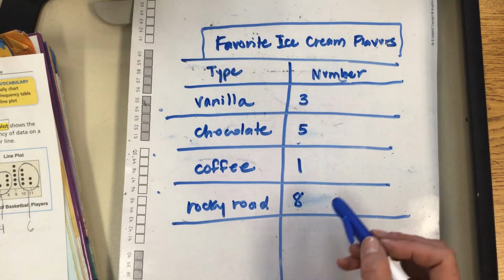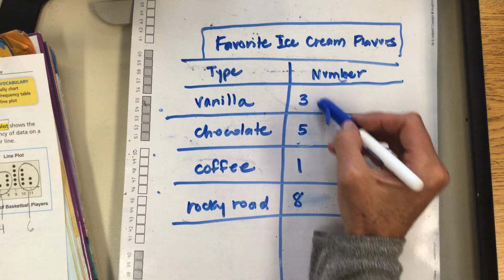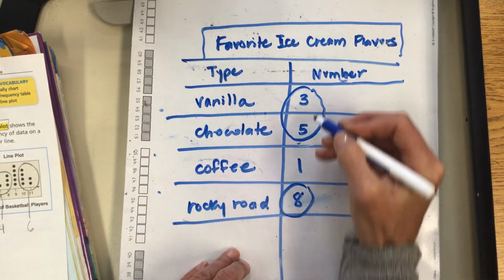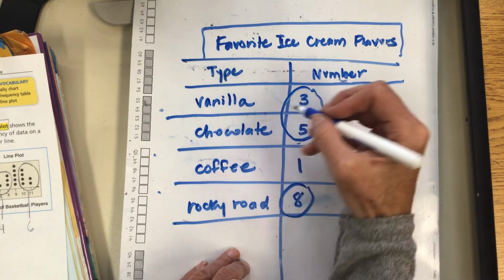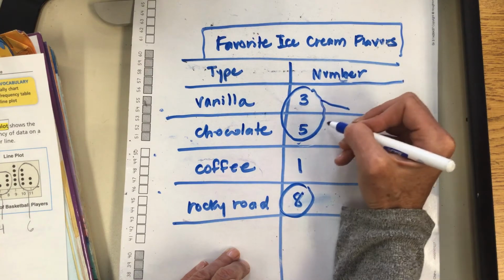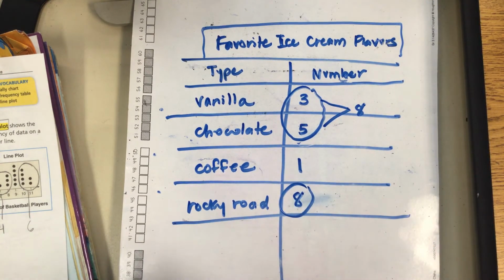Or how many more kids chose vanilla and chocolate than Rocky Road? Rocky Road is 8, and vanilla and chocolate are the same because 3 plus 5 equals 8. So lots of information that I can get from my frequency table.